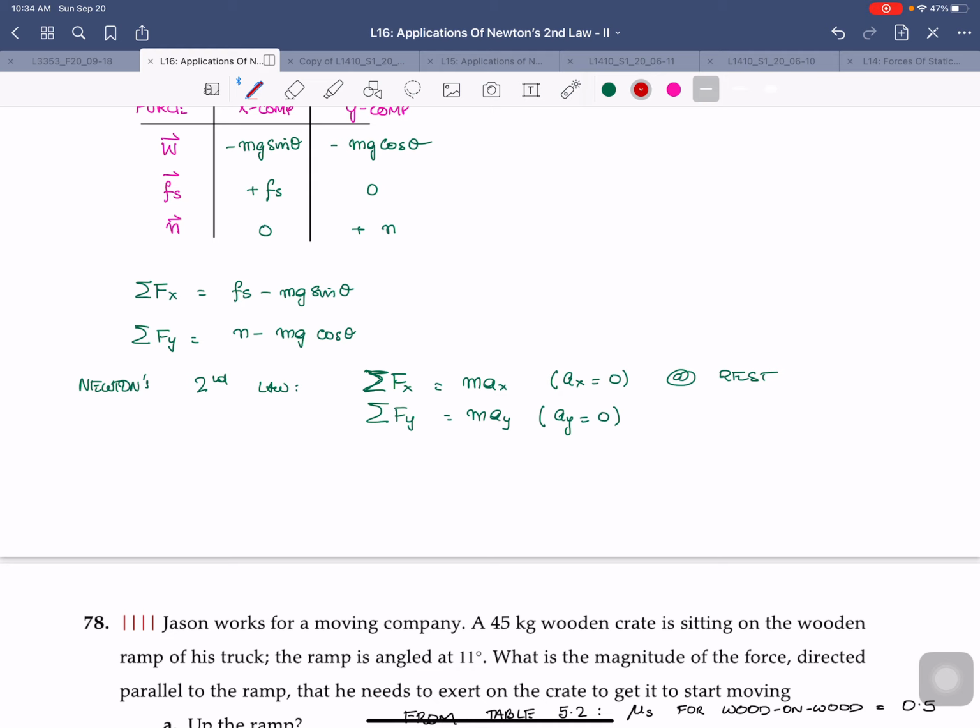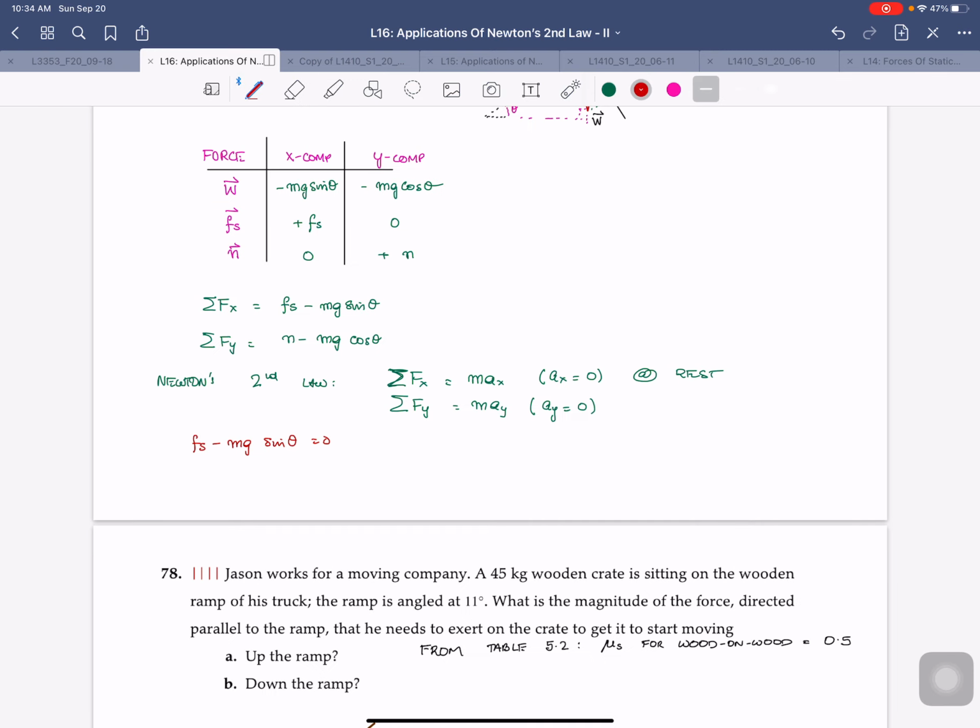We have f sub s minus mg sine theta is equal to 0. Let me mark these out just to show you how I'm getting that equation.